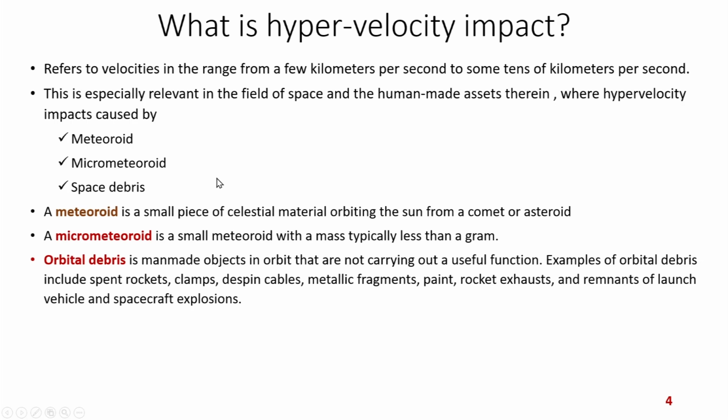Then there can be metallic fragments, from the separating mechanisms or parts of the rockets, then paints, rocket exhausts, or remnants of the launch vehicle. Sometimes a spacecraft may collide with another spacecraft, or there can be explosions. All these things, when created, are called orbital debris. These are the man-made pollution created in orbit.